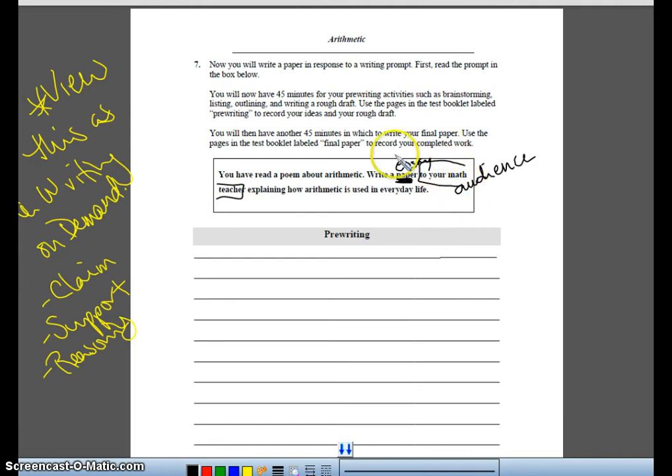The other thing that we want to do is make sure that we know that it's asking us to explain, and this is the important part, arithmetic in everyday life. So your entire essay should be making a claim about how arithmetic is used in everyday life. You're going to support that or explain it with specific details from the text and your own explanation.